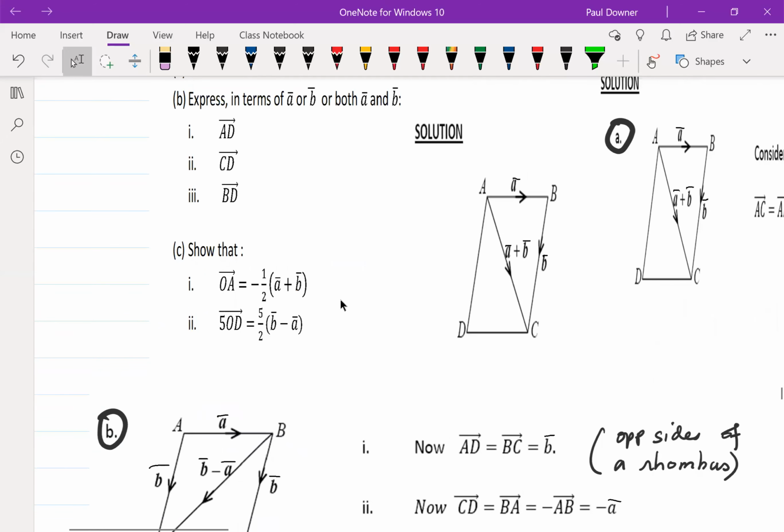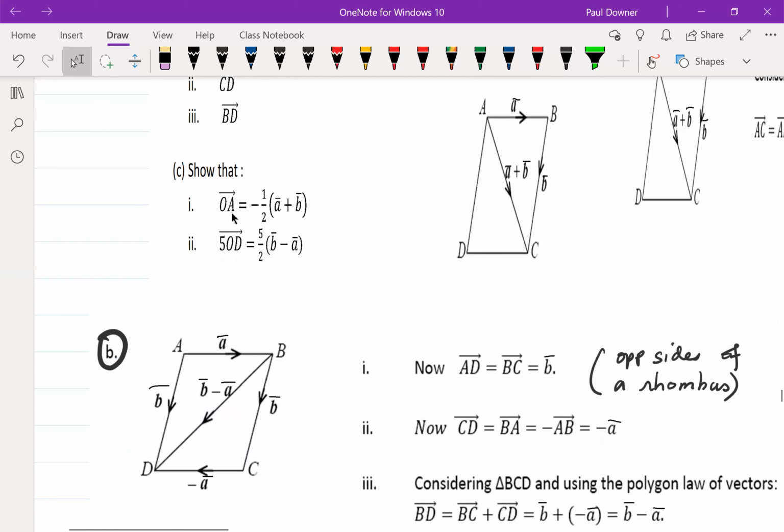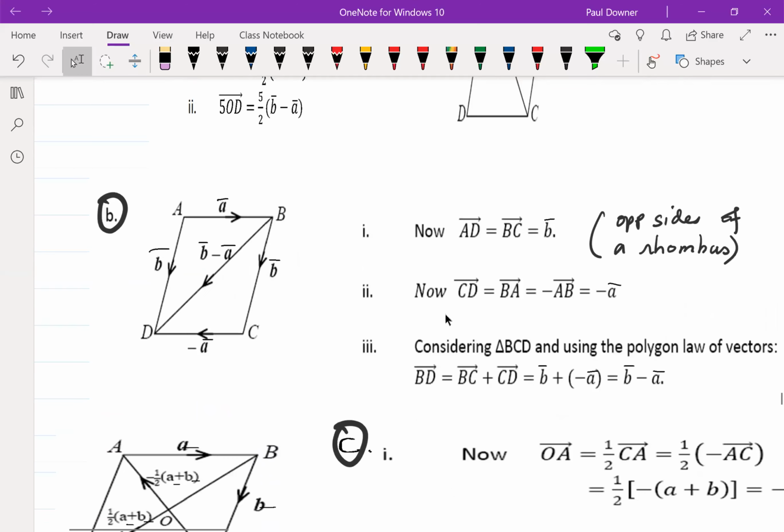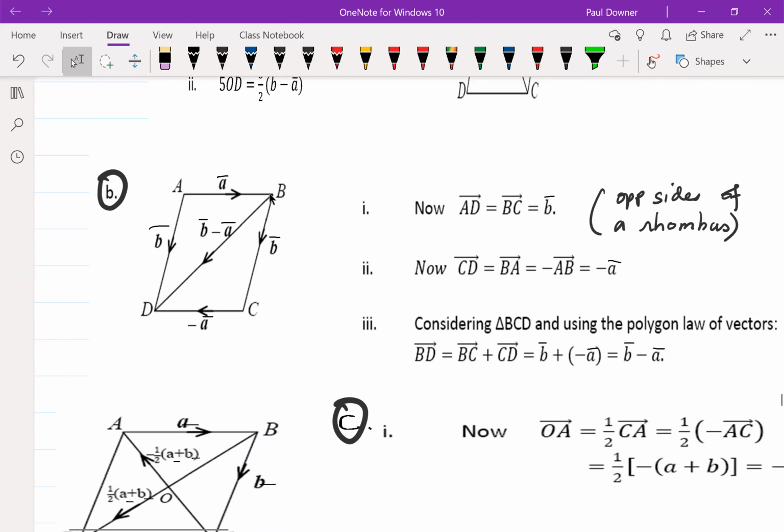The last thing we had to do here was show that OA is equal to negative a half into A plus B. So let's deal with OA as negative a half into A plus B. But what is O? If we go back up here, we say that ABCD is a rhombus whose diagonals intersect at O. So we have to recognize that we have to join the diagonals.